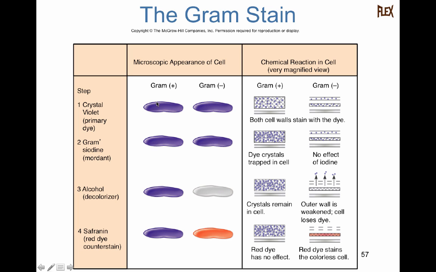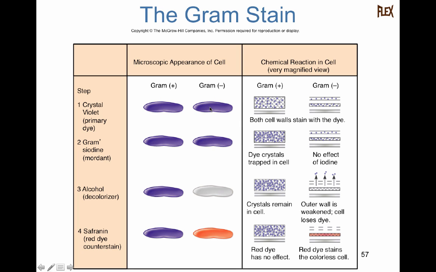So what are the steps? Step 1, you're going to apply what we call the primary stain, which is crystal violet. What happens here is, due to the thick nature of the peptidoglycan found in the gram-positive cell wall, and also the thin layer of peptidoglycan in the gram-negative, both cells will stain with the dye.